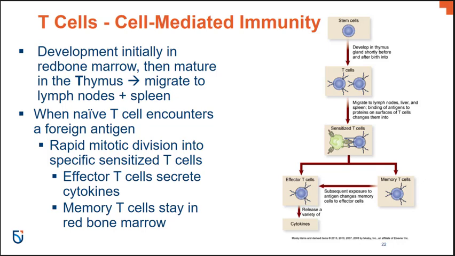Effector T cells are going to secrete a variety of different cytokines. Cytokines are a very broad category of proteins that are involved in cell signaling. And then finally, memory T cells. These will remain in the red bone marrow until they produce additional effector T cells when needed. So here are the memory T cells producing additional effector T cells when needed.